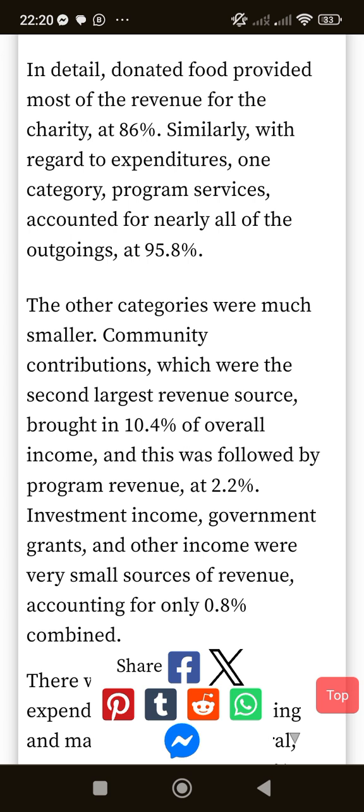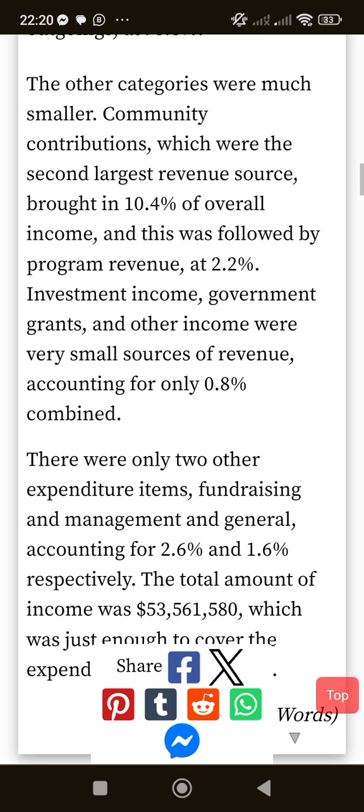This is actually what was asked by the examiner as well, to make comparisons where relevant. So definitely you were supposed to do that. And while doing this task, this is something which is really important for you, making comparisons where relevant. So this is a very good comparison between two major chunks given in the pie charts. The other categories were much smaller. See, again, the comparative degree of adjective is smaller.